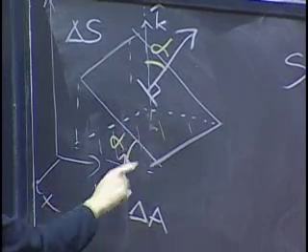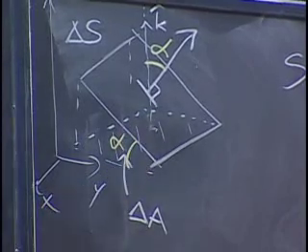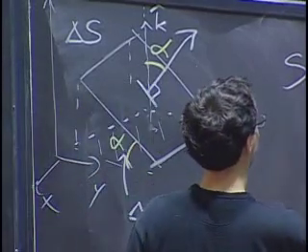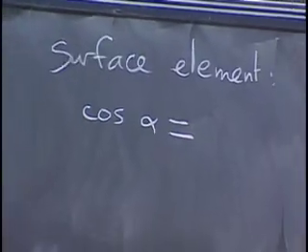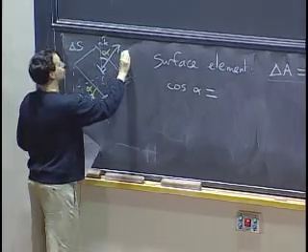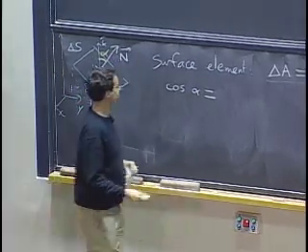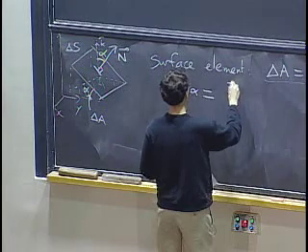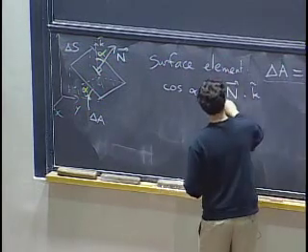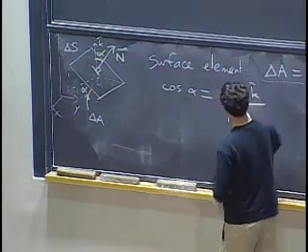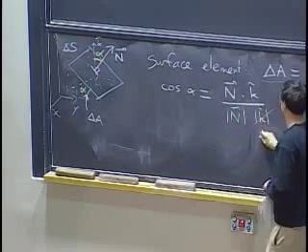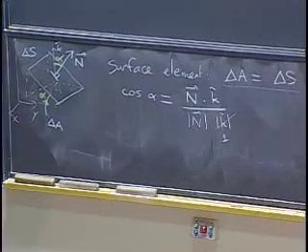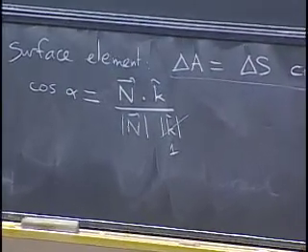In particular, cosine of alpha, we know how to find the angle between two vectors. If we have our normal vector n, we'll do n dot k, and divide by length n, length k. Well, length k is 1. That's one easy guy. Okay, so that's how we find the angle.